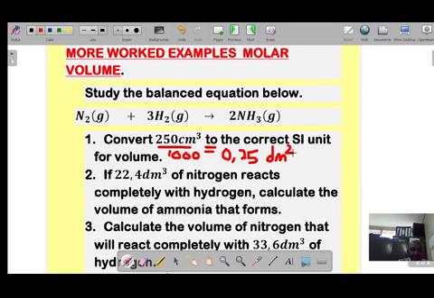Okay. Now another question says, if 22,4 decimeters cubed of nitrogen reacts completely with hydrogen, calculate the volume of ammonia that forms. Okay, so what do we do here? Let us check the solution here.